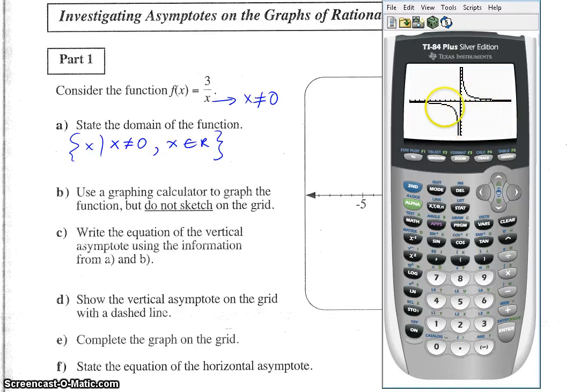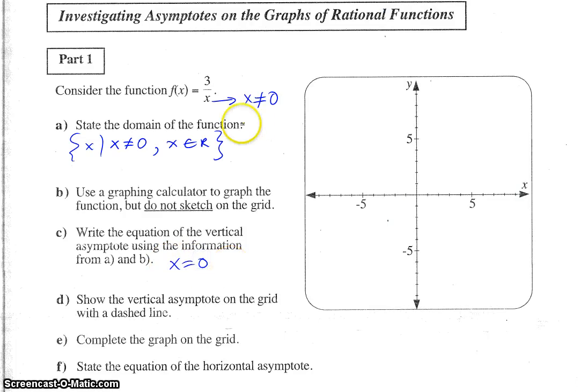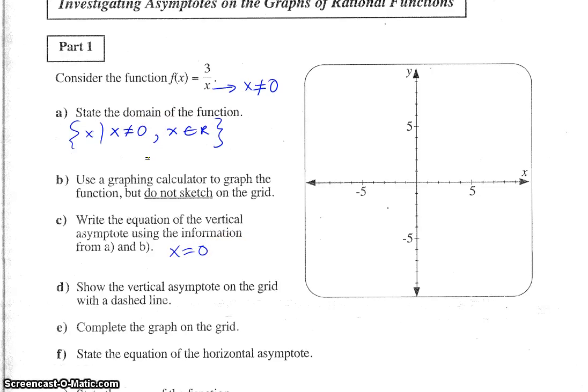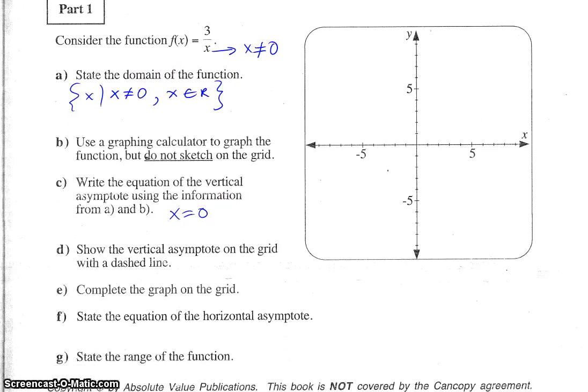Now you'll notice that our graph seems to be getting closer to but not crossing either of the axes. So in particular, the vertical asymptote then is likely the y-axis, which would have an equation of x equals 0. And look, what was our restriction on our domain? X can't equal 0. Okay, coincidence? I think not. So we're going to show that on our grid as a dashed line on the axis.